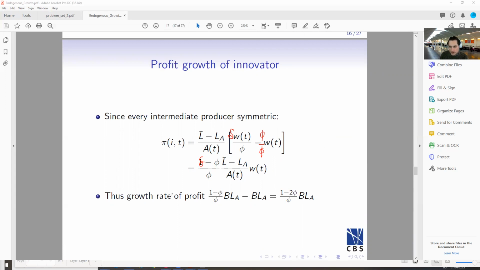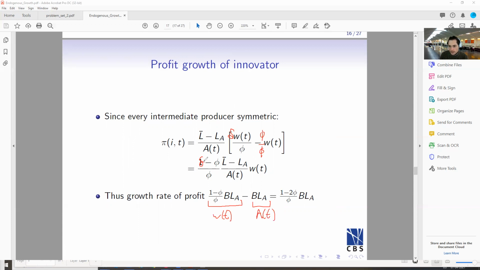So let's look at the growth rate. You recall that this is actually just the growth rate of WT, so that doesn't change, and this is the growth rate of AT.